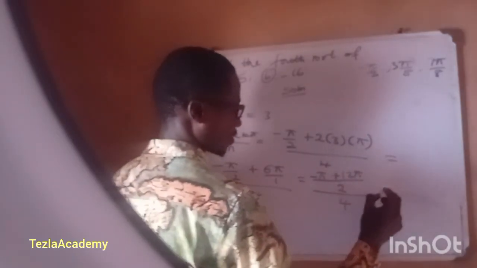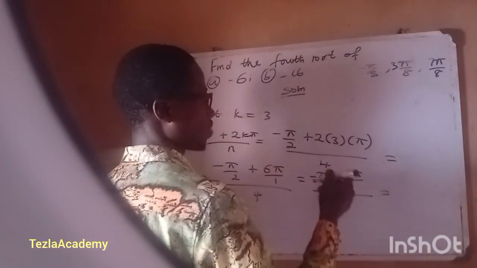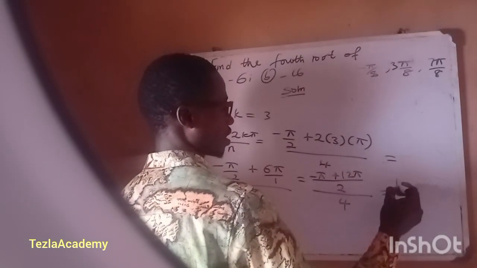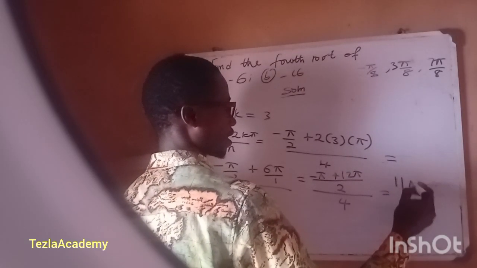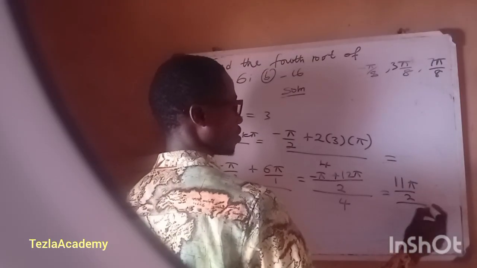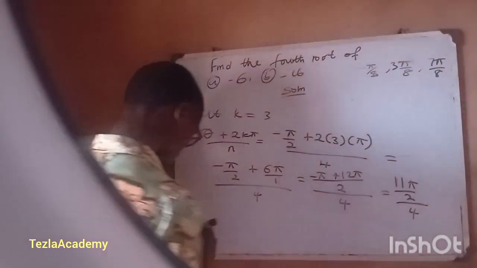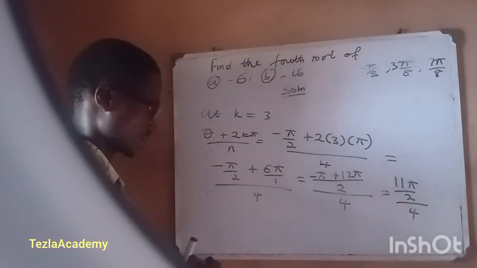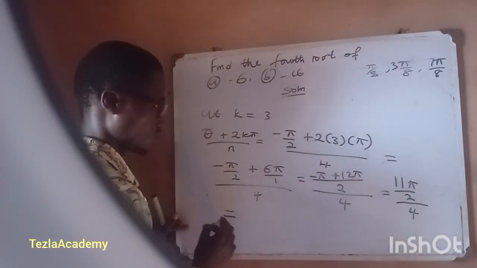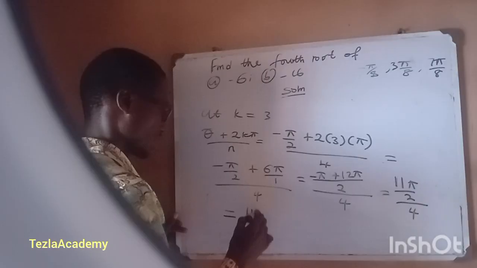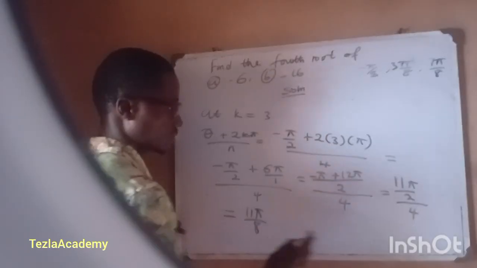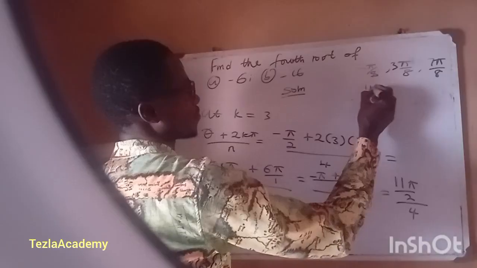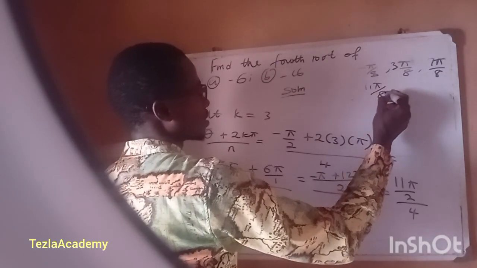This equals 12 pi minus pi, which is 11 pi over 2, all over 4. This equals 11 pi over 8, since 4 times 2 is 8.